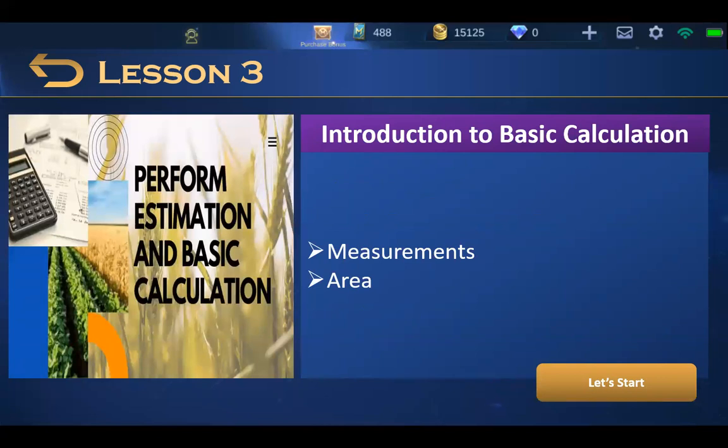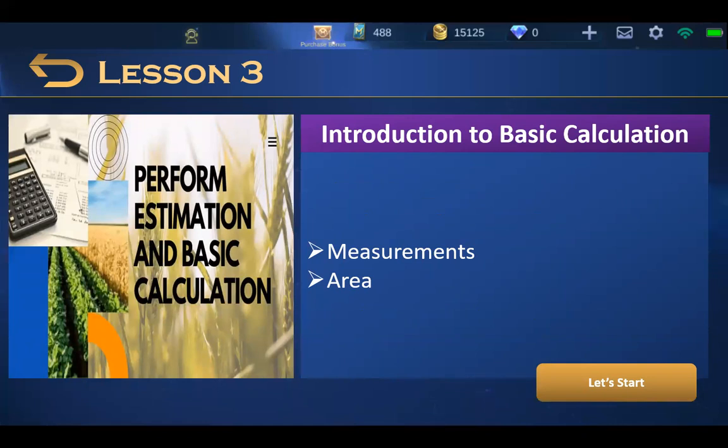It is necessary for fish farmers to have sound knowledge on how to determine the perimeter, area, or volume of an aquaculture facility. An accurate estimation of perimeter, area, or volume of the particular facility is needed to determine other farm inputs such as the amount of water, pesticides, and fertilizer needed.